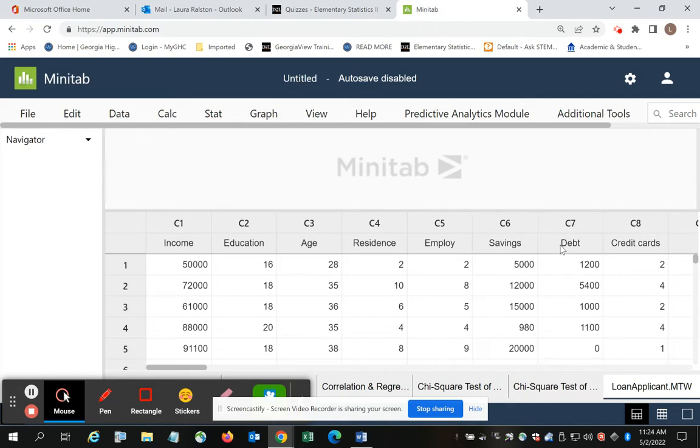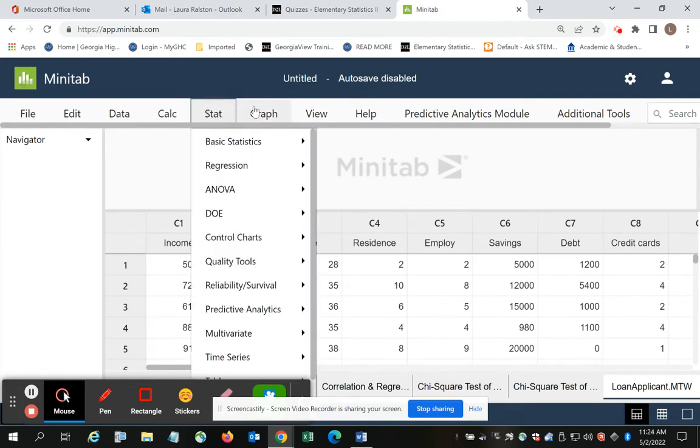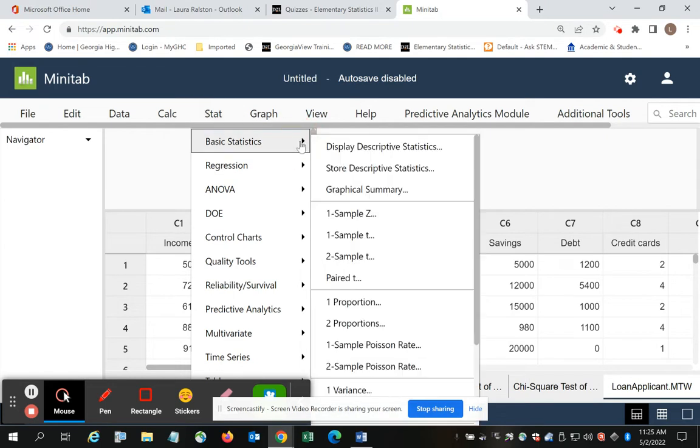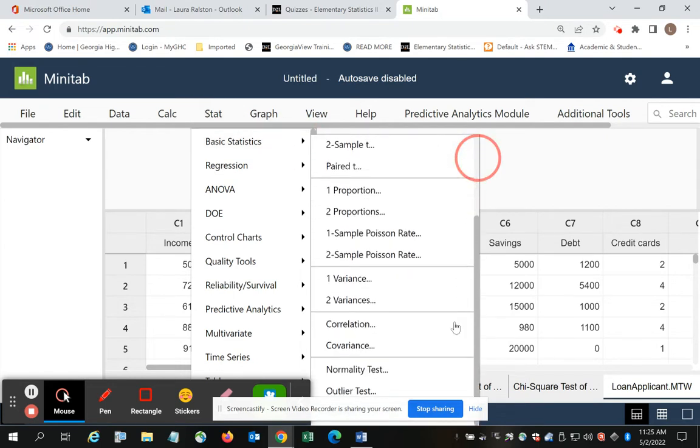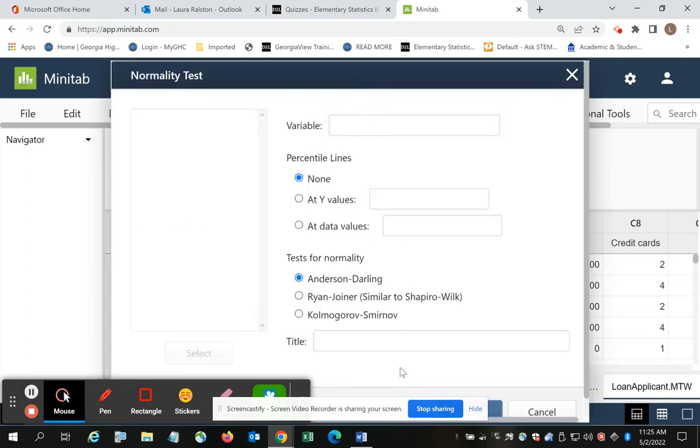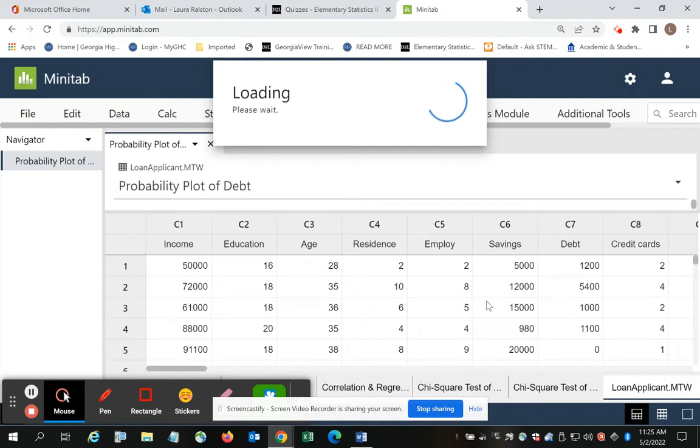I noticed that debt is column 7. So we go to Stat, and then I'm going to go to Basic Statistics, and I have to scroll down to Normality Test. My variable is debt. We're doing Anderson-Darling, and then I'm going to click OK.